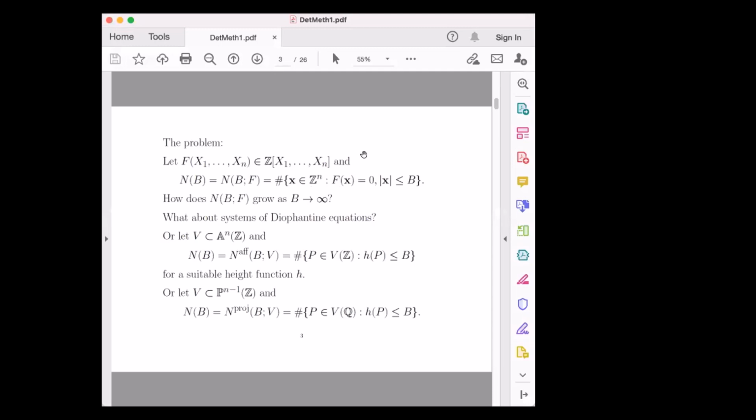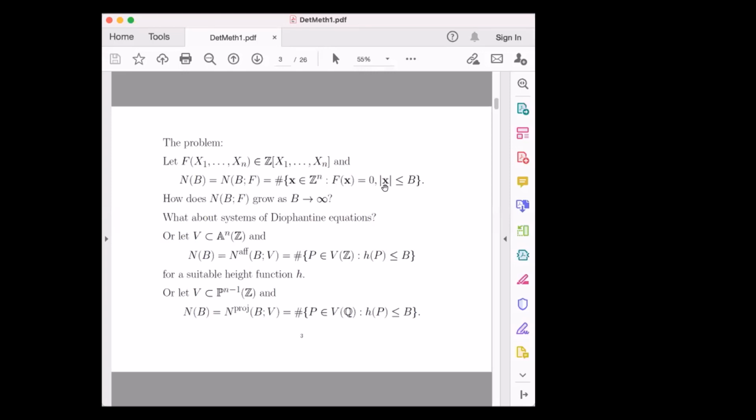So in the simplest version, one has a polynomial f in several variables with integer coefficients. And one has a counting function N_B, which depends on the polynomial f. It's the number of integer vectors x, so bold x will be an integer vector, which are solutions of f(x) equals 0 in what I think of as a box, norm of x less than or equal to B. Now one can take various norms here.